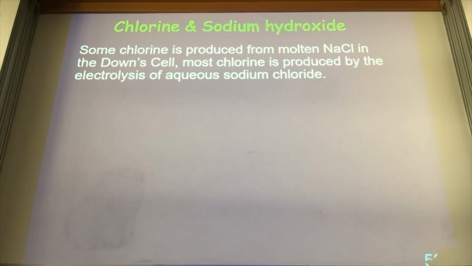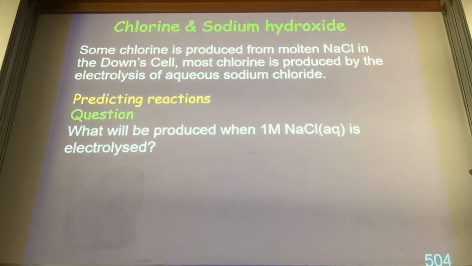Now we look at the membrane cell, which is how the bulk of the chlorine gas actually gets produced. The Downs cell operating at 850 degrees is quite an expensive way of producing chlorine. You can actually get chlorine gas out of electrolysis of aqueous sodium chloride.